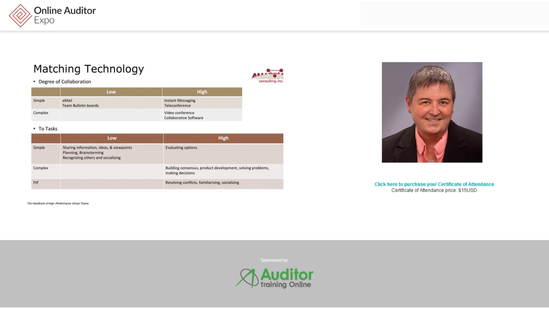If we were to take it to the next level, the higher, we could do evaluations, right? This is like auditing. We can be doing this kind of thing, and that's at the simple stage. More complex, like building consensus, product development, solving problems, making decisions. These are all part of the video conferencing solutions. They're all right there.